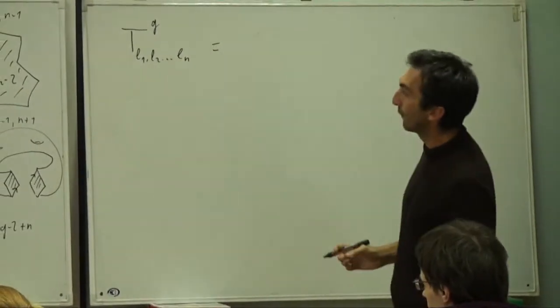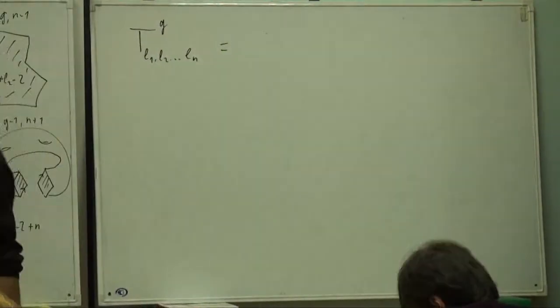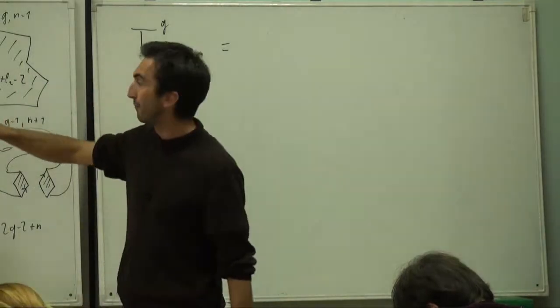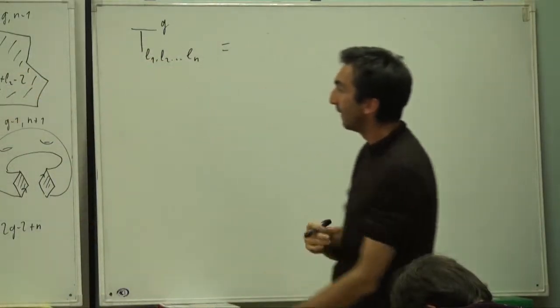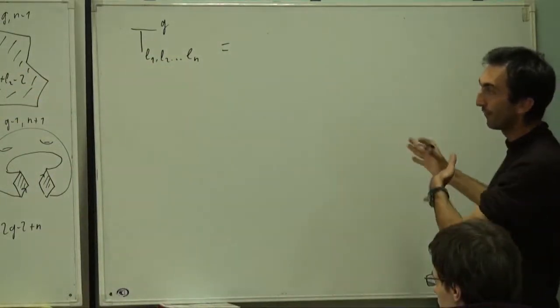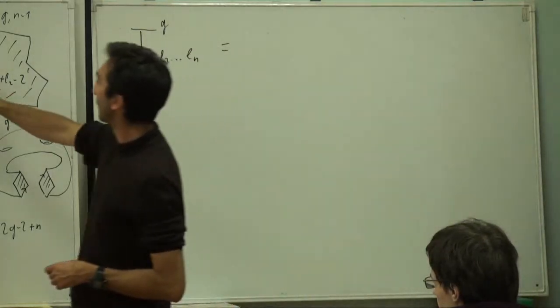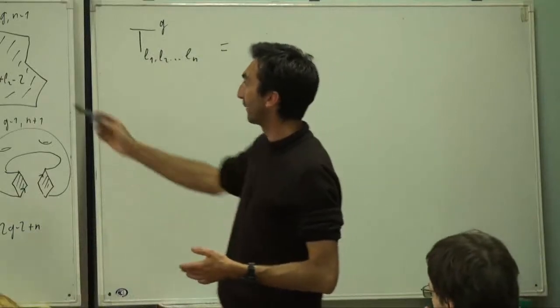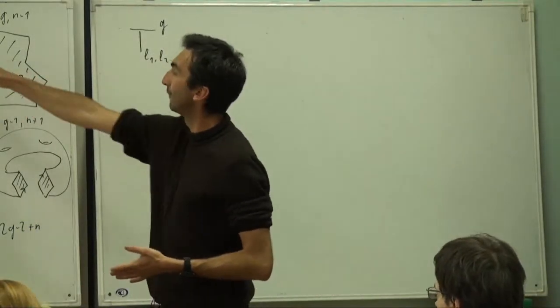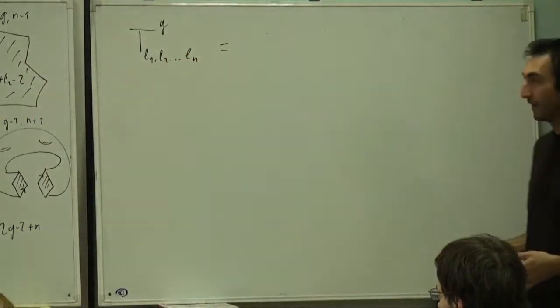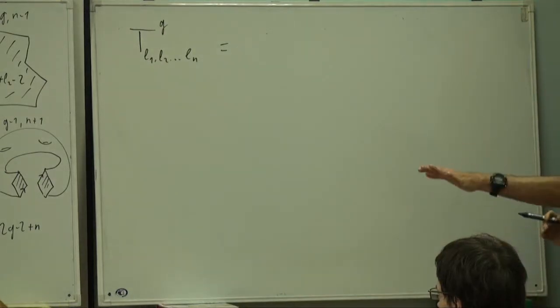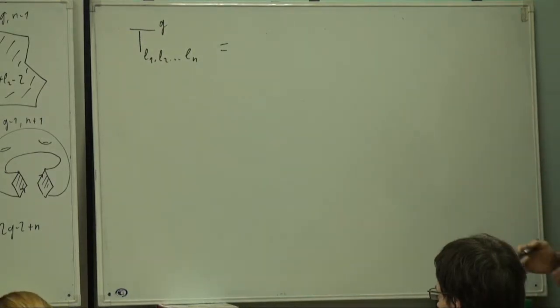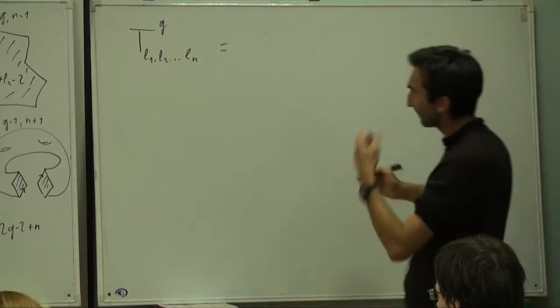So somehow this is the left-hand side before erasing the marked edge. And since we have a bijective procedure, well, not really bijective, here we have multiplicity to take into account, but we know the factor of this multiplicity, it's exactly L1. So we have a bijective procedure, so the number of maps on the left-hand side should be the same as the number of maps on the right-hand side.